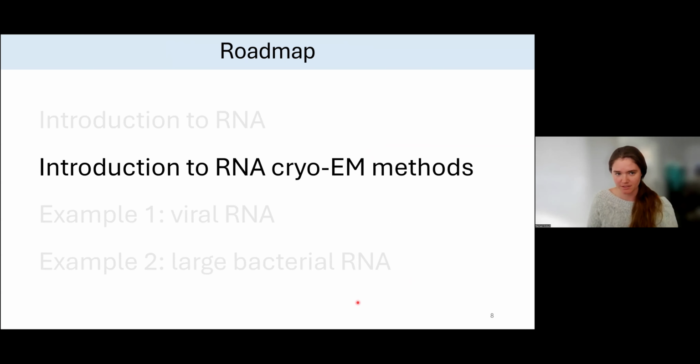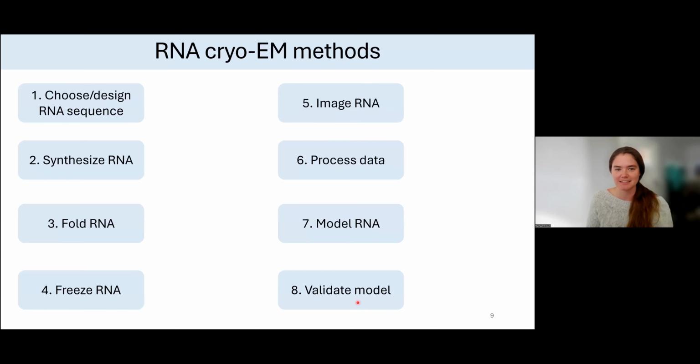All right, so what are the methods we use for RNA cryo-EM? In all honesty, it's very similar to proteins, particularly on the cryo-EM side. So the basic pipeline is we choose or design our RNA sequence. Very rarely are we actually isolating this from cells, so we're just choosing what sequence we want. We then synthesize it. For us, we do this all in vitro. Then we always refold our RNA.